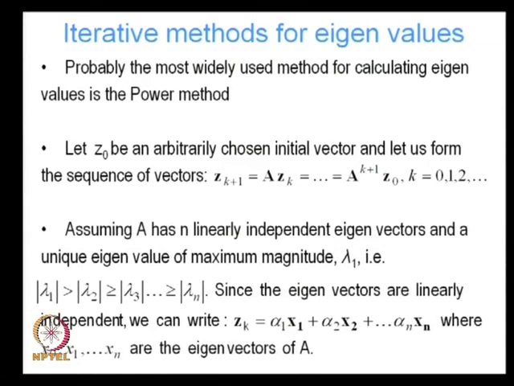So, for instance, the zk vector, the z vector at the kth iteration, I can write as a linear combination of x1 through xn. I could write it as alpha 1 x1 plus alpha 2 x2 through alpha n xn, where alpha 1 through alpha n are some constants. Similarly, I can write any vector in the iteration, z(k-1), z(k-2), as a linear combination of my eigenvectors which are linearly independent.